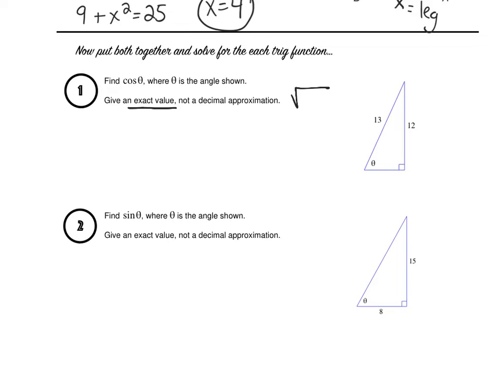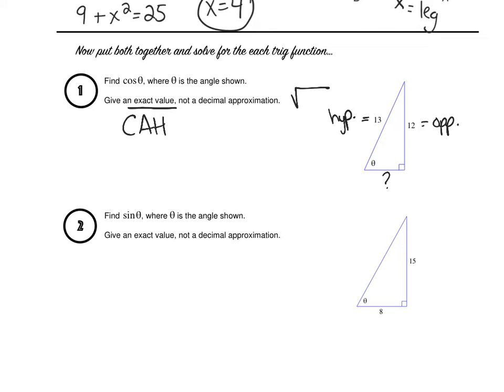So when we're trying to solve this first one, the first one says cosine of theta is what we're trying to find. Well, cosine of theta, remember, is CAH, which is adjacent over hypotenuse. So 13 is the hypotenuse. We've got that. But 12 is the opposite side. We need to find this adjacent side.